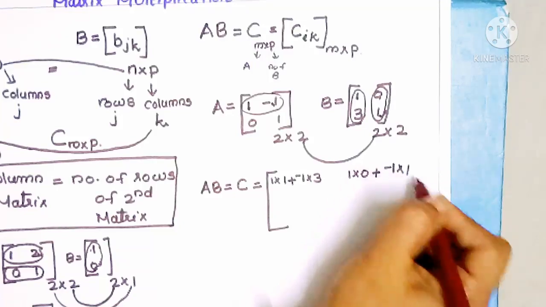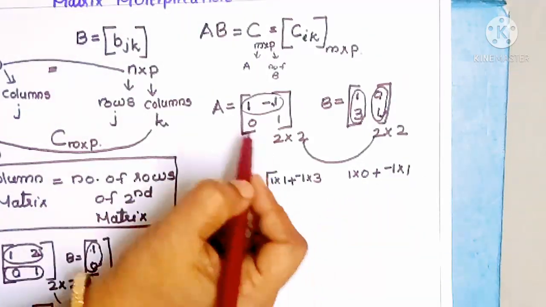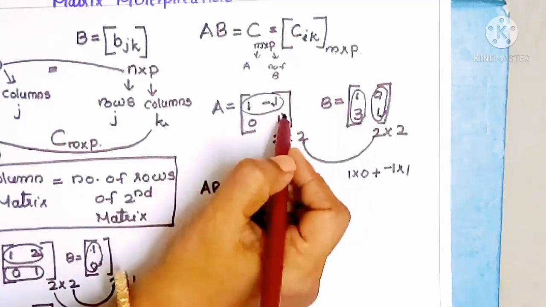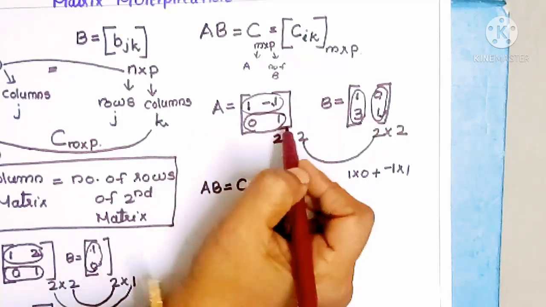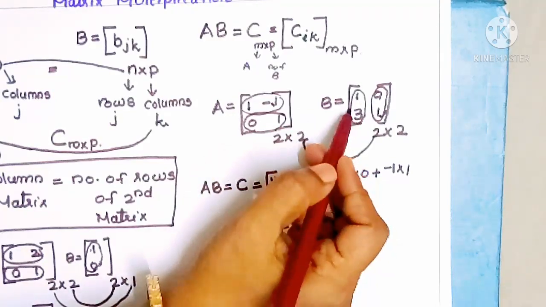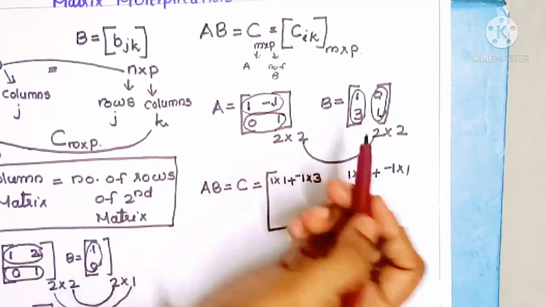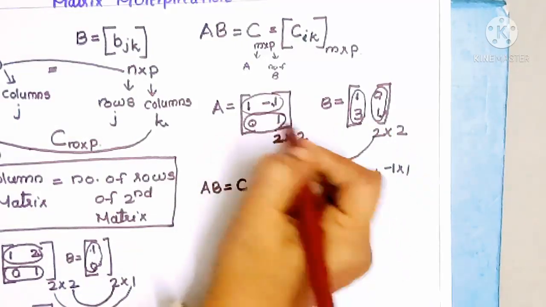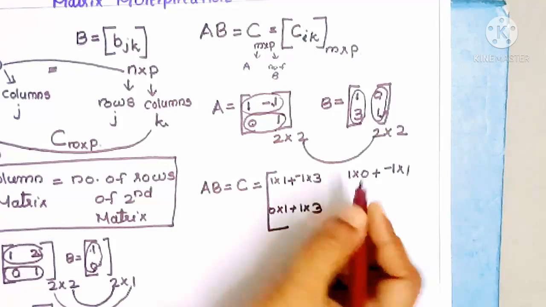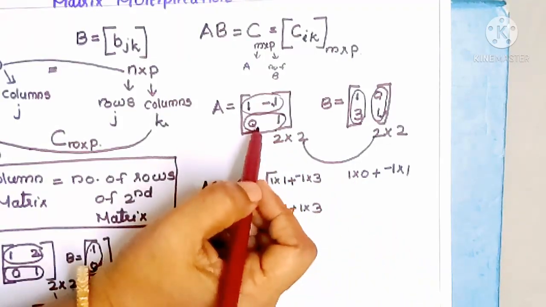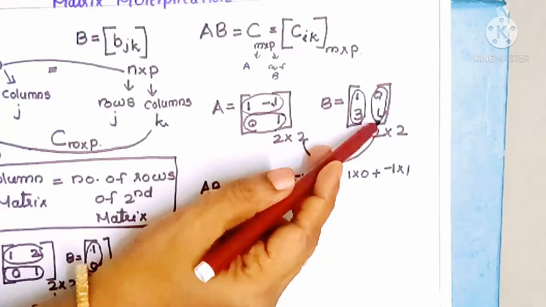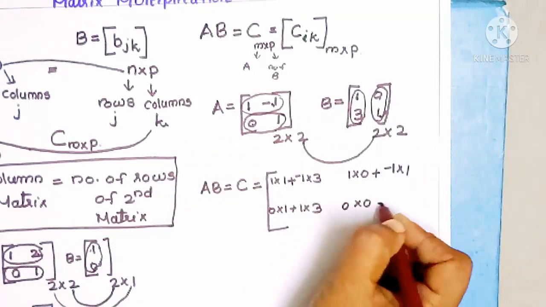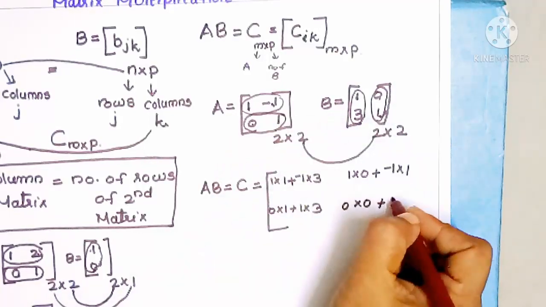Next take the second row and multiply it with the first column: 0 into 1 plus 1 into 3. Then multiply the second row with the second column: 0 into 0 plus 1 into 1.